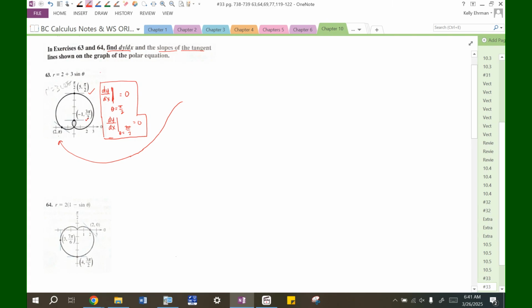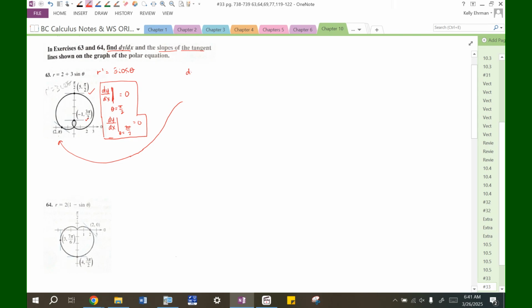So remember that for the formula for slope, we need both r and r prime. So I'm going to write down r prime. The derivative of 2 is 0. The derivative of 3 sine theta is 3 cosine theta.